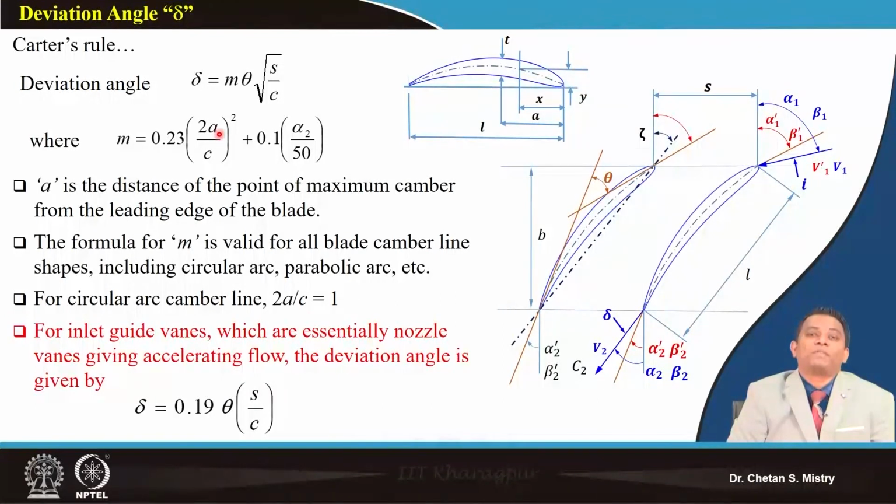At the same time, our blade geometry, thickness distribution, the shape of the leading edge, the shape of the trailing edge and the radius of the leading edge, all those blade parameters, cascade parameters or aerofoil parameters, change the incidence angle.